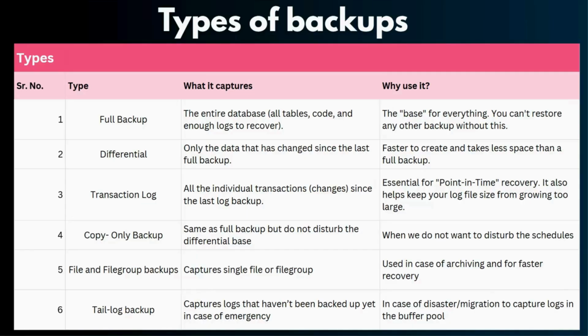This full backup changed the differential base, because the 7 p.m. differential backup on Tuesday is referring to the other backup your team member took. So he has disturbed the differential base, and it can cause a problem if you are not aware of that backup.